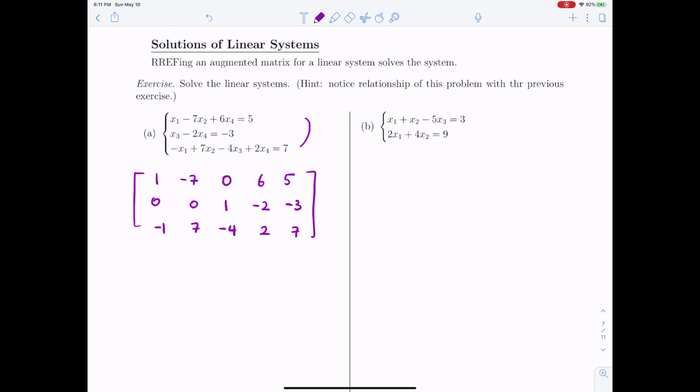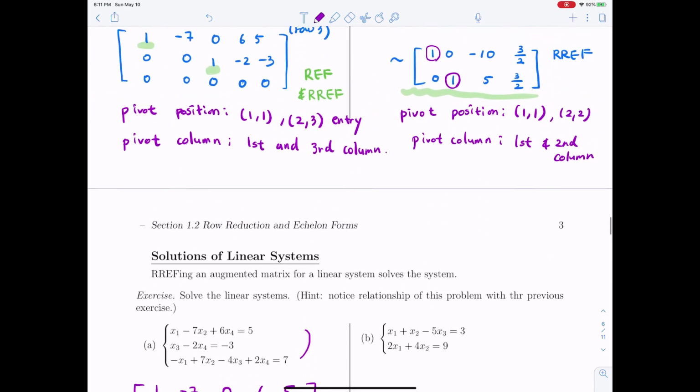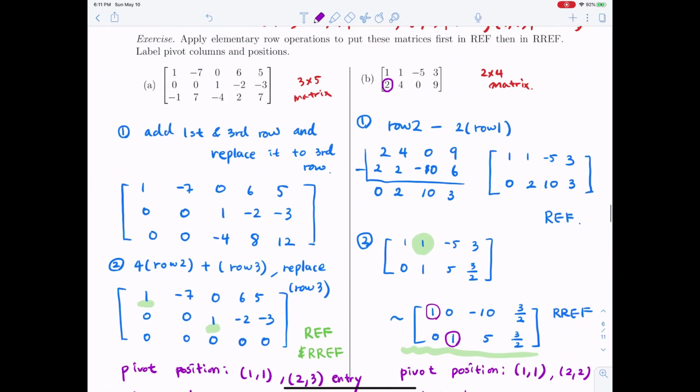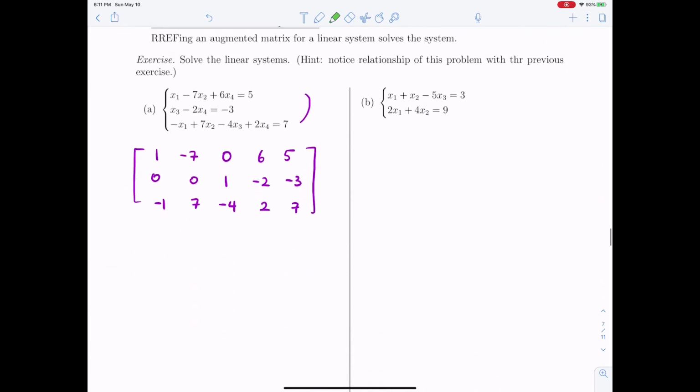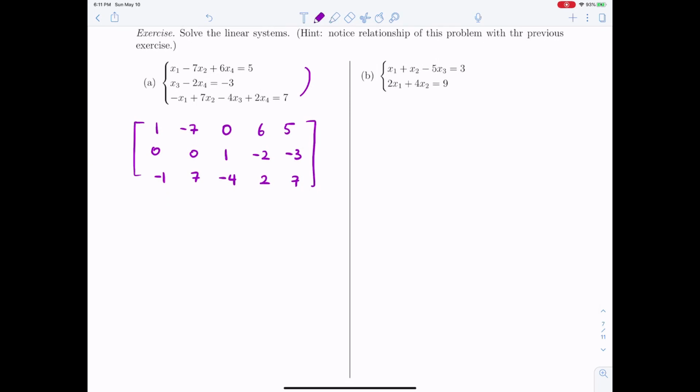And this matrix is the same as the matrix given above over here. So we know that the matrix is row equivalent to 1, -7, 0, 6, and 5, 0, 0, 1, -2, and -3, 0, 0, 0, 0, and 0.